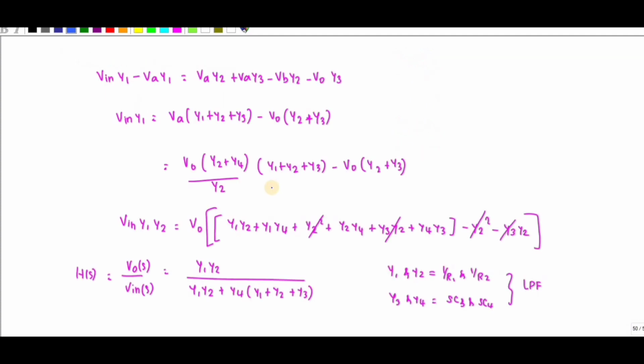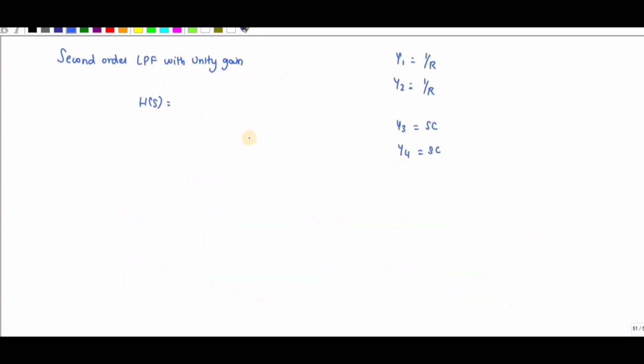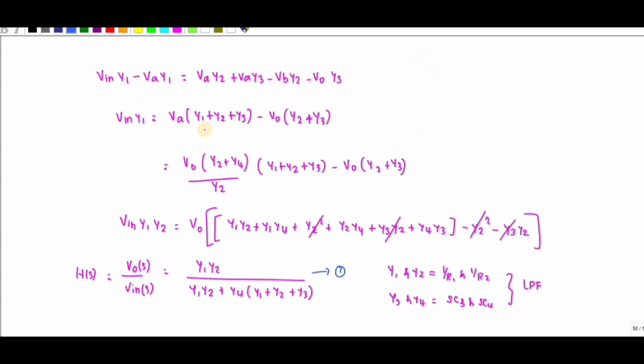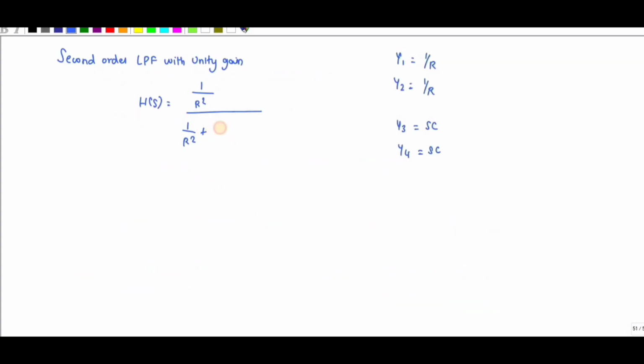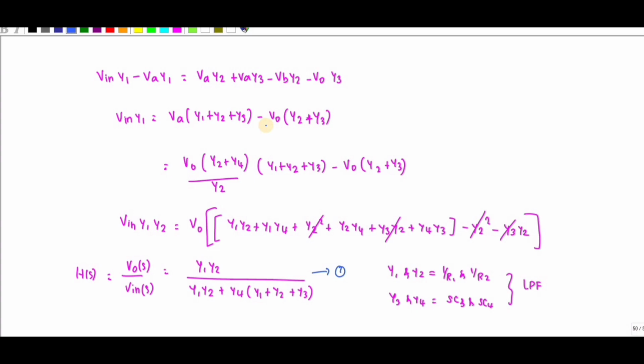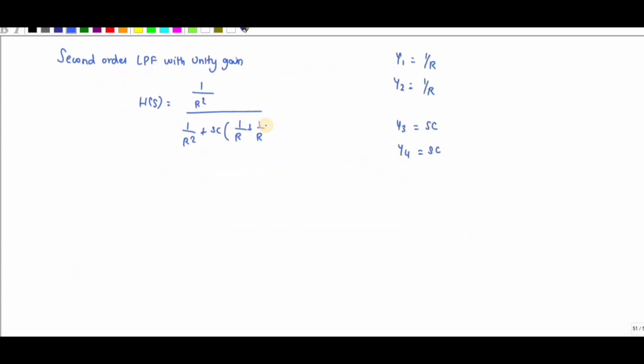So if I substitute in this equation, I'll get 1 by R square, divided by 1 by R square plus Y4, Y4 is SC4, times 1 by R plus 1 by R plus SC3. Oh, this is 3 and this is 4.